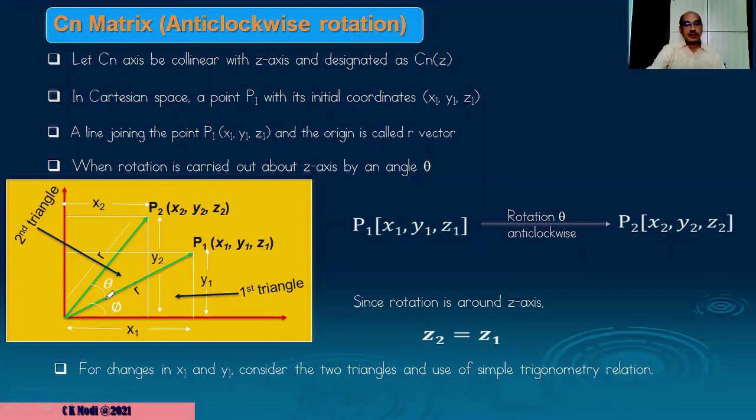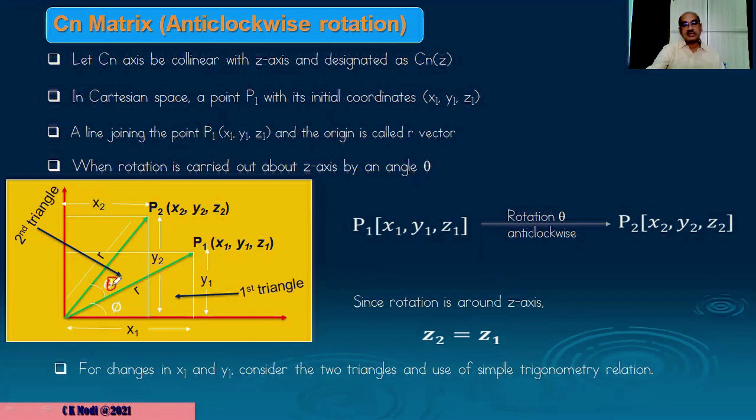When rotation is carried out in the anti-clockwise direction, यहाँ से हम rotation करेंगे. Rotation is carried out on the Z axis, and we are getting the new point P2 with its final coordinates x2, y2, and z2. हमने कितना rotation किया?